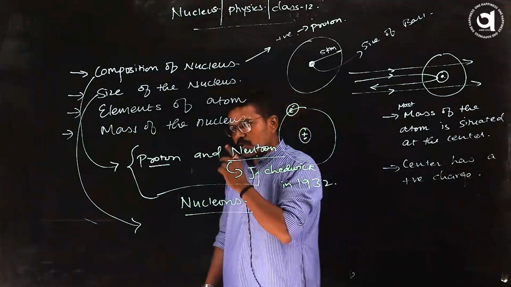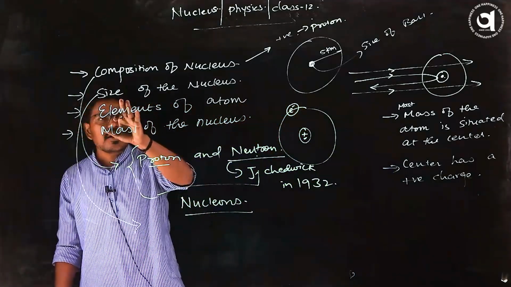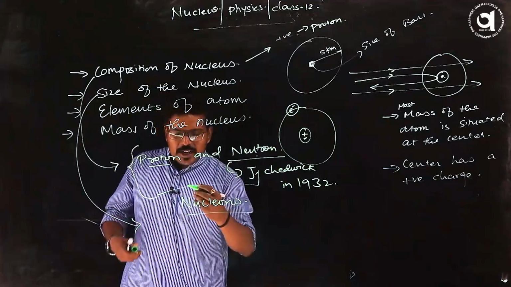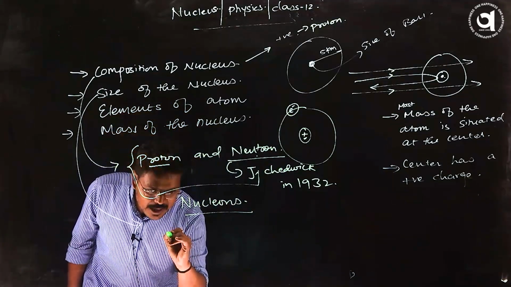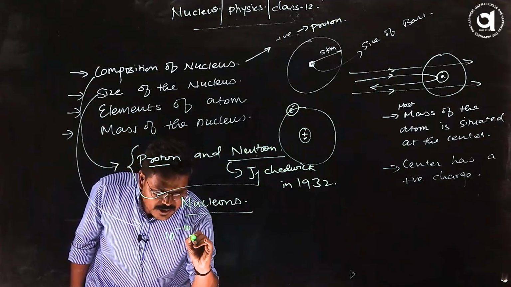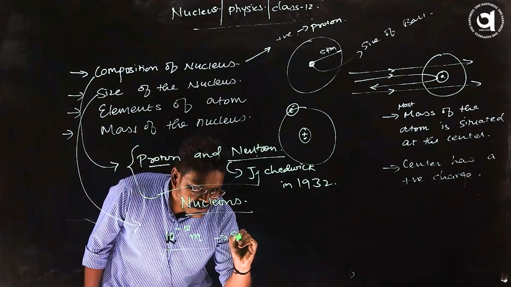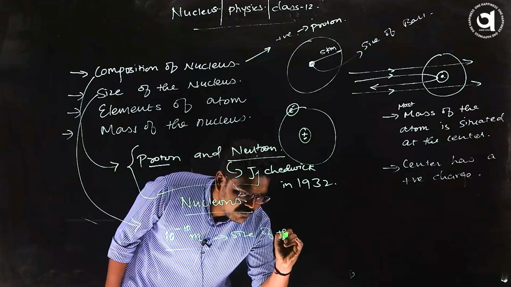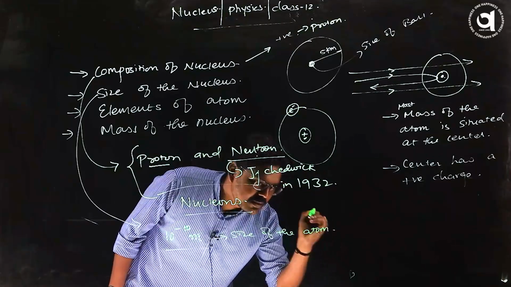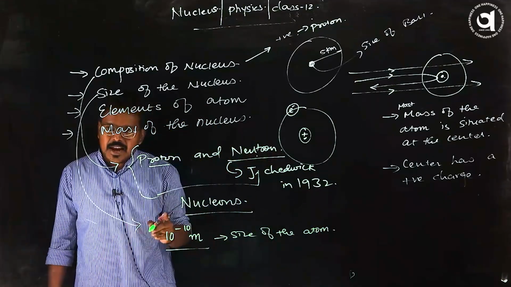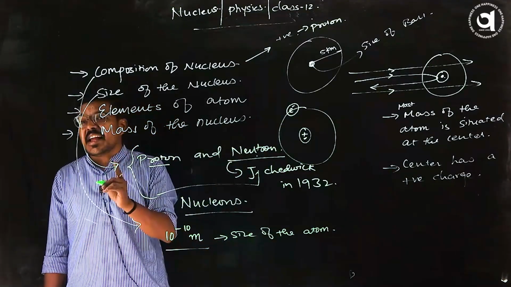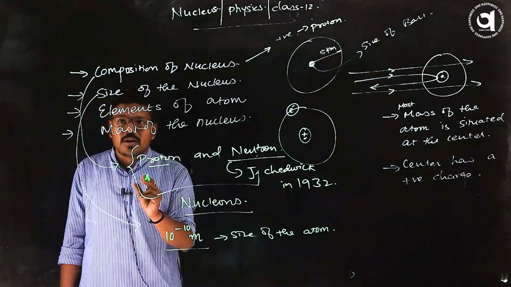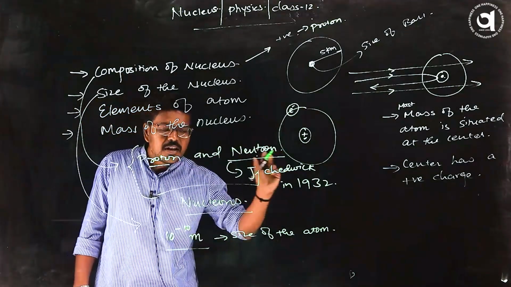Coming to this point, the size of the nucleus: it is observed that the size of the atom is approximately 10 raised to minus 10 meter. This is the size of the atom, and the size of the nucleus is approximately 10,000 times smaller than the size of the atom.